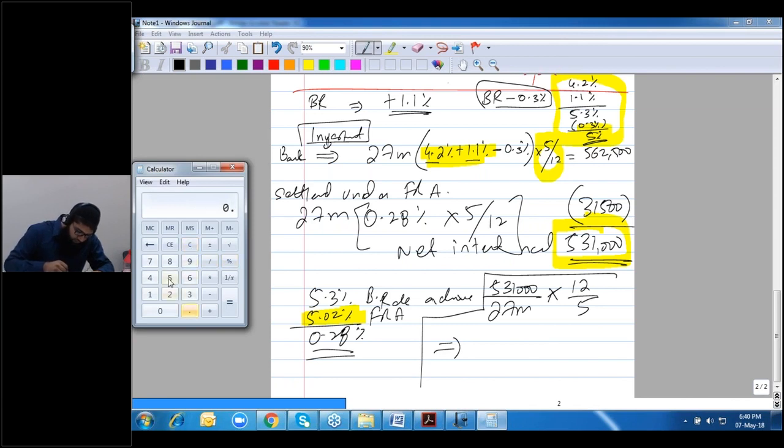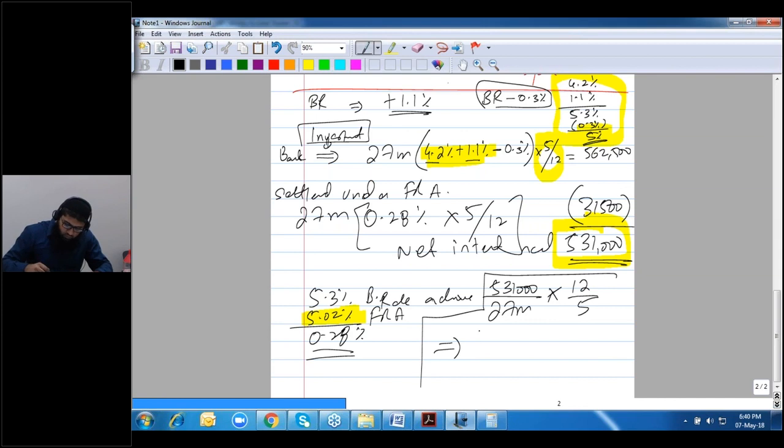It is 0.531 divided by 27 into 12 divided by 5. Can somebody tell me? 4.72%. Now, to confirm how we got this 4.72%: we had an FRA of 5.02%, you deduct 0.3% from it, so you end up getting 4.72%.